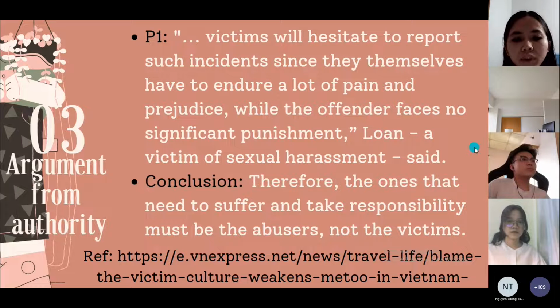Lan said victims will hesitate to report such incidents since they have to endure a lot of pain and prejudice, while the offenders face no significant punishment. Therefore, the ones who need to suffer and take responsibility must be the accusers, not the victims.